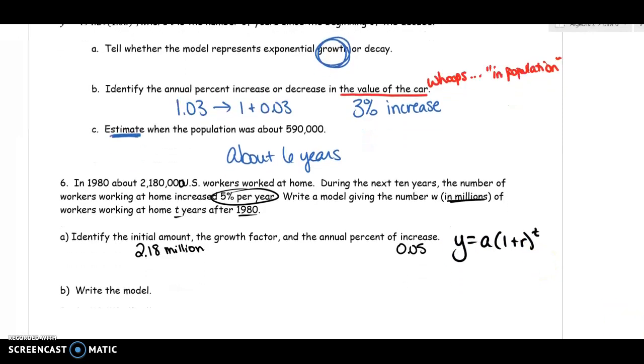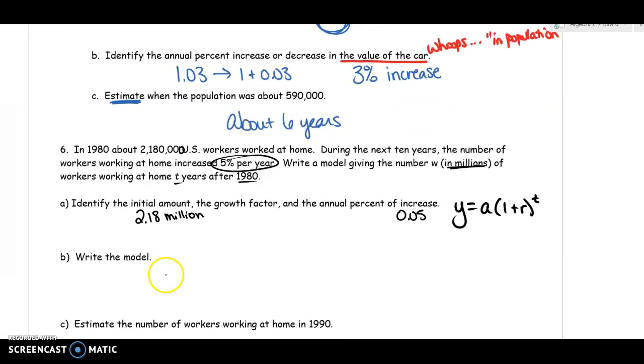Your starting value a is 2.18 million. 1 plus this r would be 1.05 raised to the t. And they wanted our formula. It doesn't say what they want it to be, so we can say y equals.